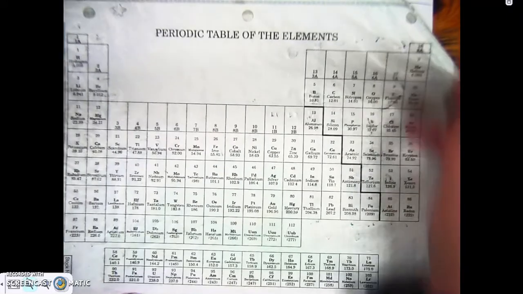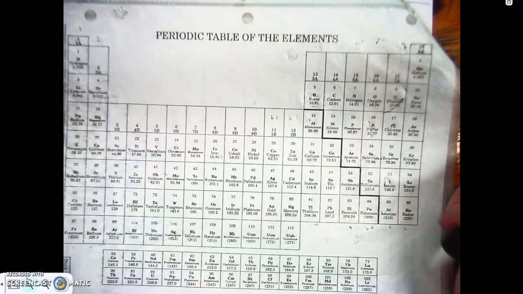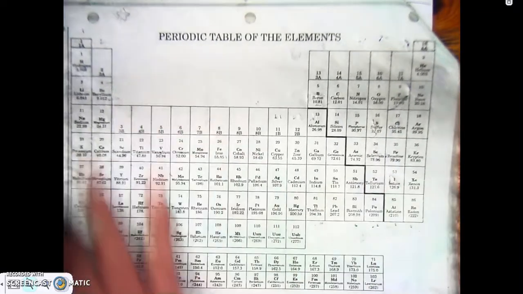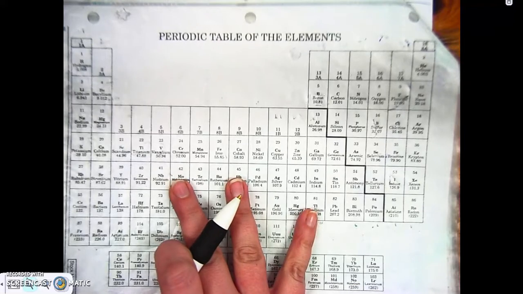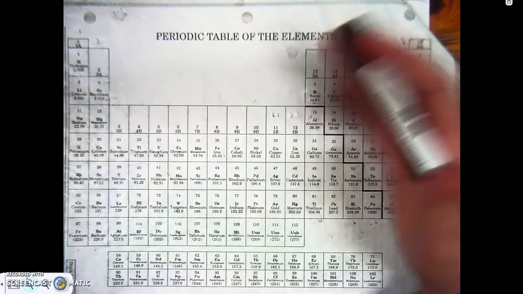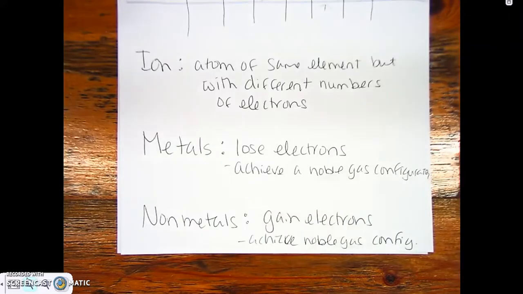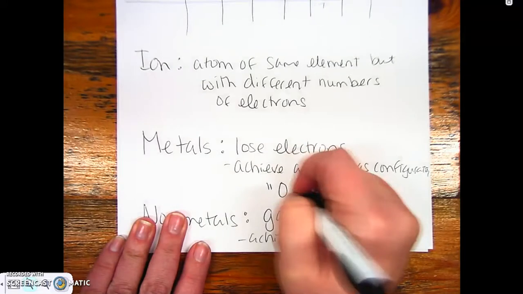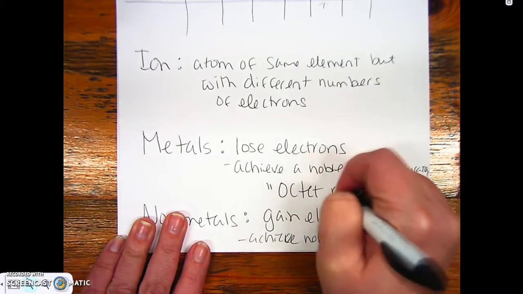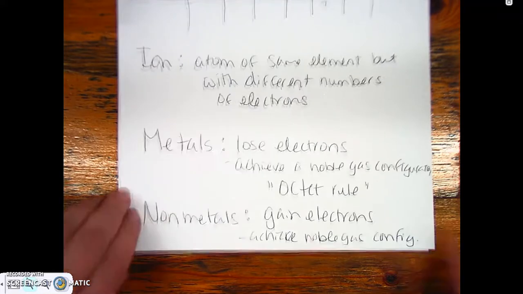This is column 8, and they have 8 valence electrons, which is what makes them stable. The metals over here tend to lose electrons until they have a full shell of 8, or nonmetals up here gain electrons until they have a full shell of 8. So they're trying to achieve that number 8. We call this the octet rule, so they're trying to fulfill this octet rule.